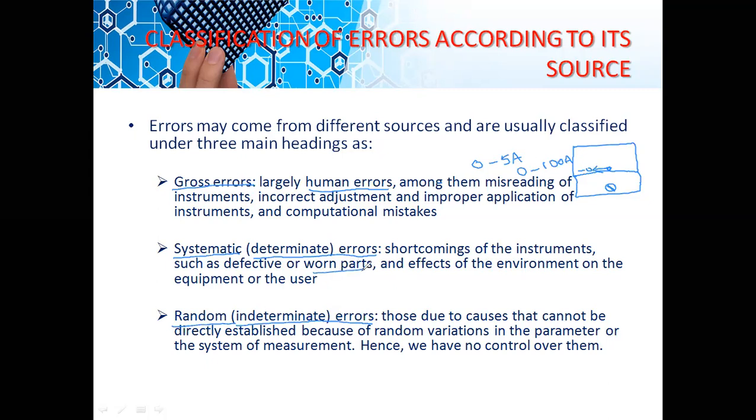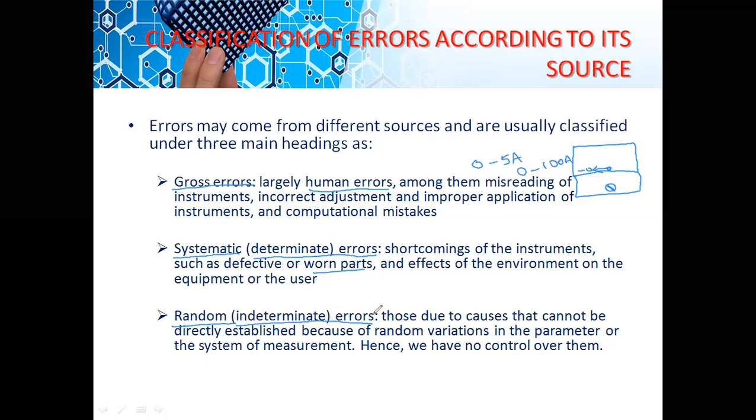Then when parts are worn out, meter will not work as it used to work when it is brand new. So there is a possibility of error. So that's how the errors which come because of worn parts or defects in the instrument are called as systematic errors. And the next type of error is random.